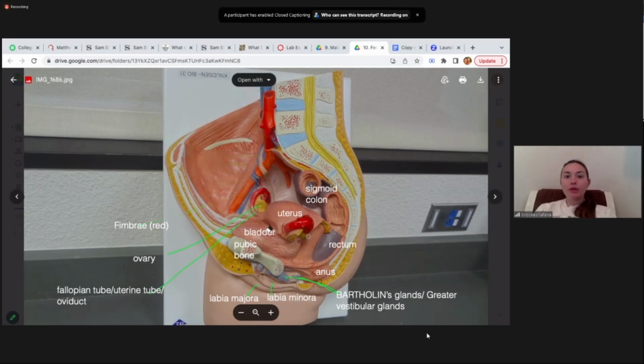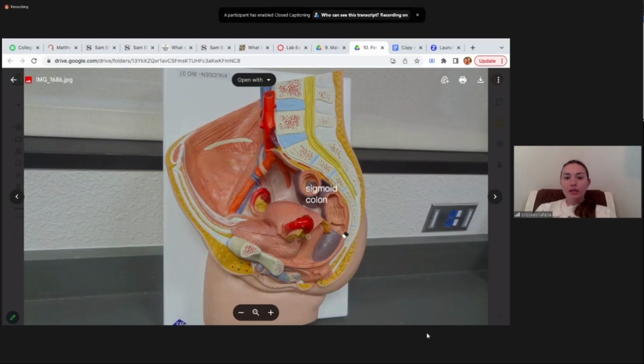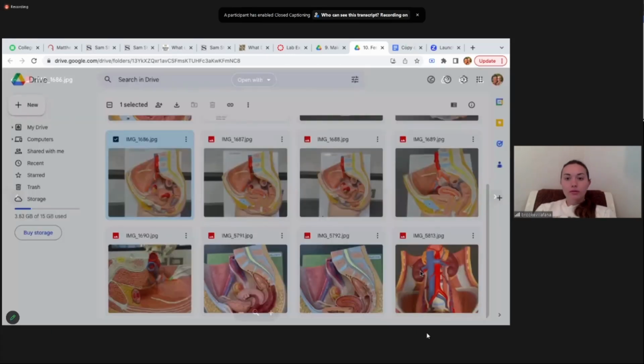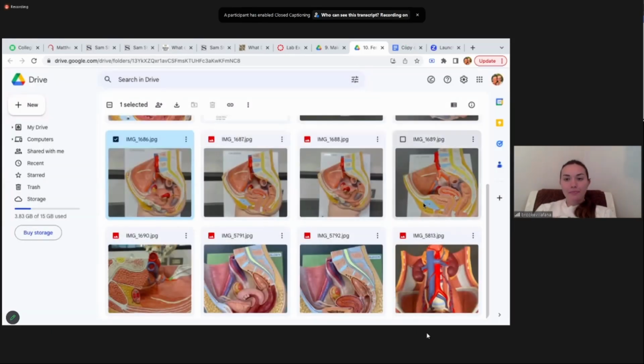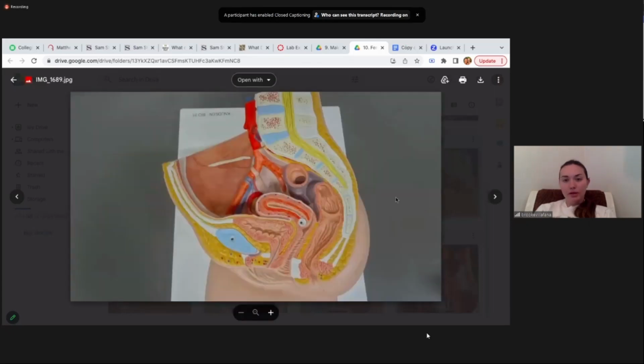All right, so then moving on to the view inside of the bladder. Right here. Here's the bladder. This would be the pubic symphysis, the blue, and then the rectum, sigmoid colon, same things as before, ureter, descending aorta, all that.